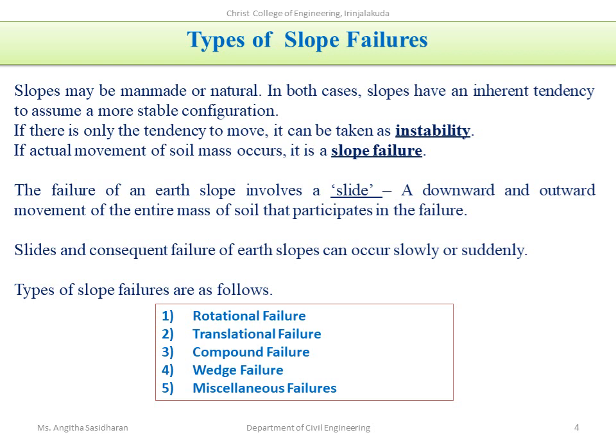The slopes have an inherent tendency to attain a more stable configuration. If a slope has only the tendency to move, but has not moved yet, then it can be taken as instability. The slope is very unstable, but it has not moved yet. It has a tendency to move. And if actual movement occurs, then it is a slope failure.